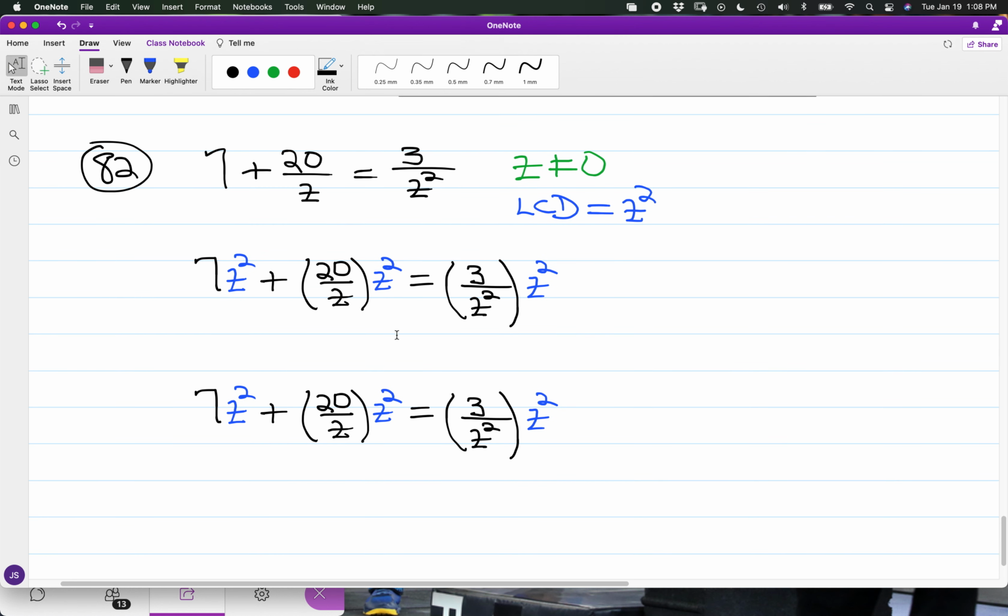Now for 20 over z times z squared, I have z to cancel out, but I'm still going to be left with first order in z. And for 3 over z squared times z squared, you have complete cancellation of z squared. So again, z into z squared still leaves a degree in z.